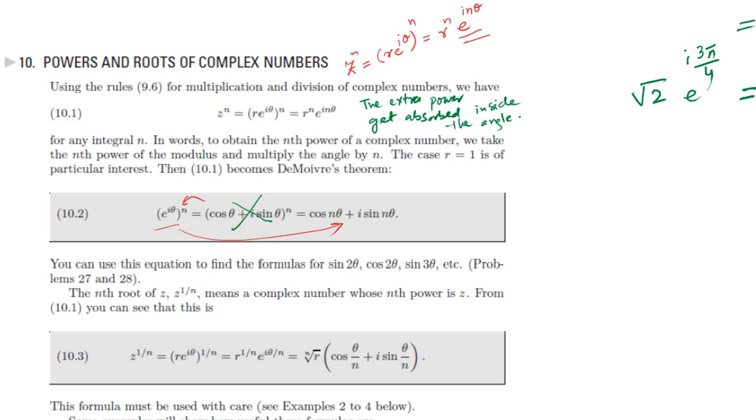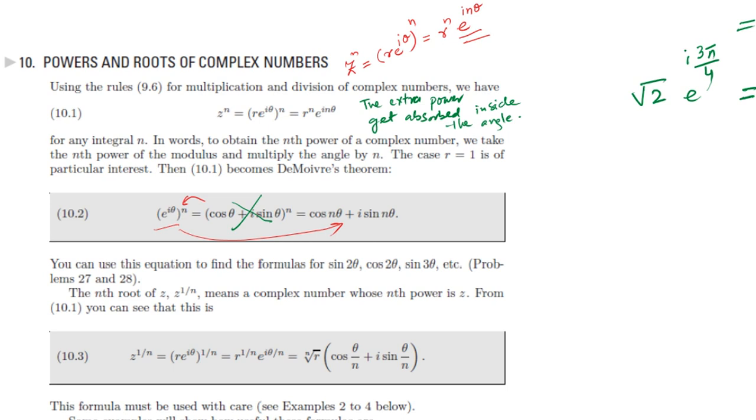Similarly, if you have now some root of complex numbers, for example, a complex number raised to the power 1 over 2 or square root, or 1 over 3 cube root, or 1 over 4 quad root, then again this thing becomes simple, that it gets absorbed inside the angle.